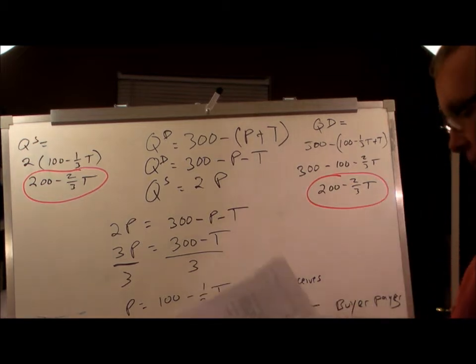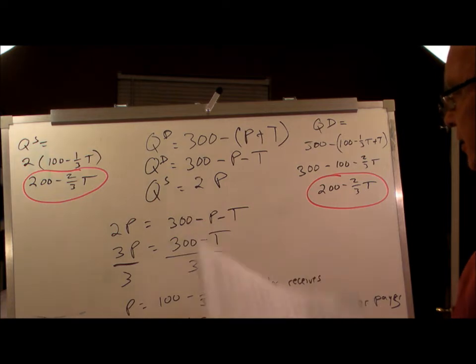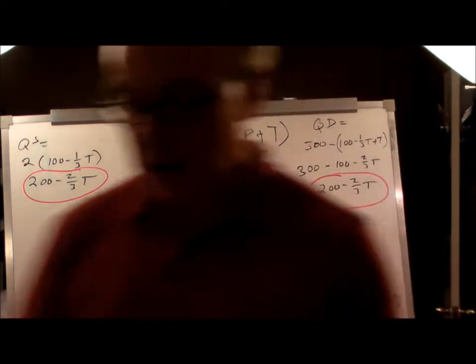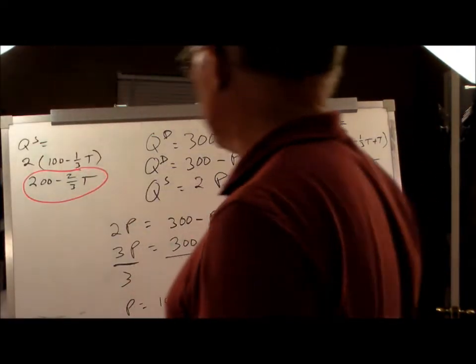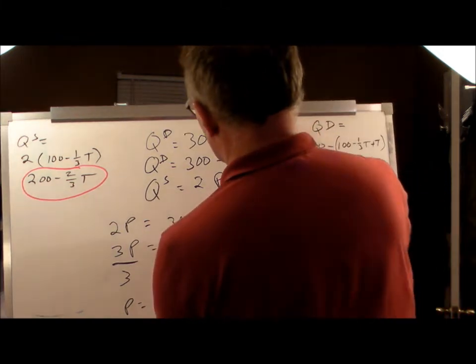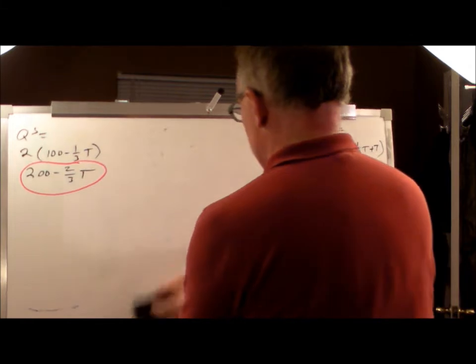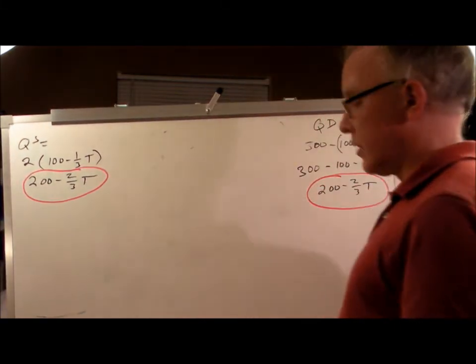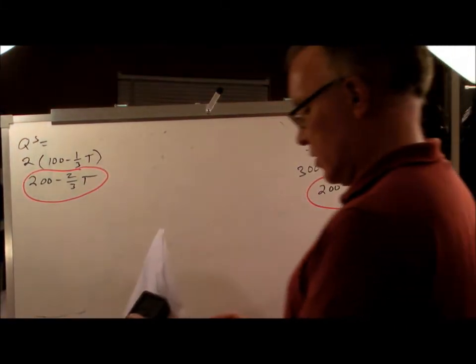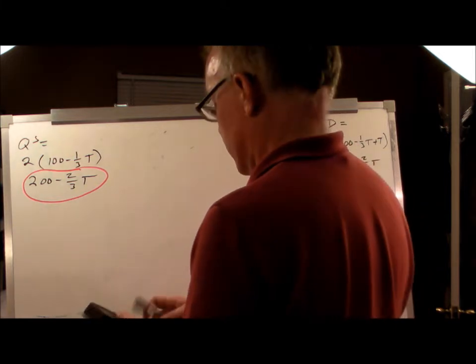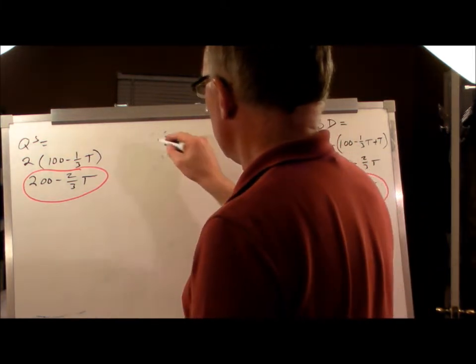Now, getting more exciting here. Tax revenue. Tax revenue is T times Q. The question tells us that; we should know that already. The quantity sold times the amount of tax is what the revenue gets. So we'll call that R for revenue.